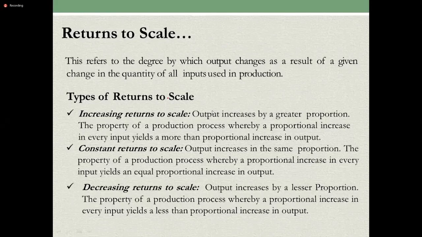Tell me, anyone? How did we identify the returns in short run?